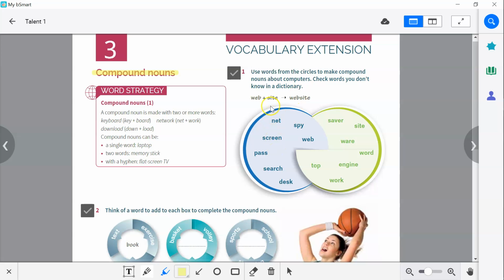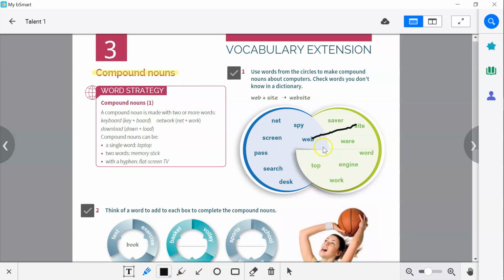For example, website. You see web and site, they are together. Let's see if we can use, website.